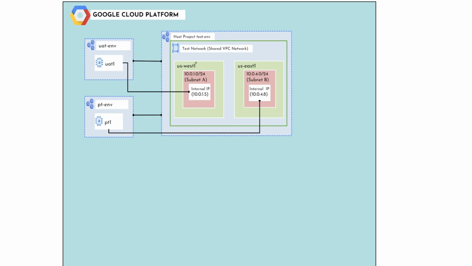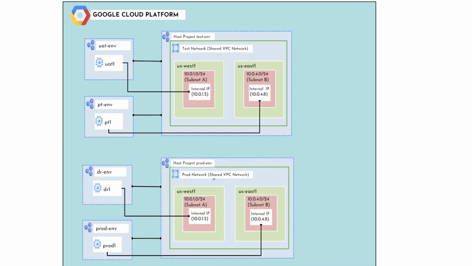So this is our test network, like what we have seen so far. You could have another network, which is the prod network, and you could share it with your other service projects. However, each service project can only be attached to a single host network. So this DR-env is attached to this host project over here, so it cannot be attached to the test network. This is the limitation.